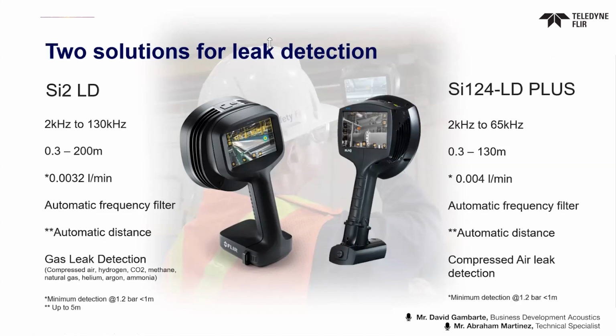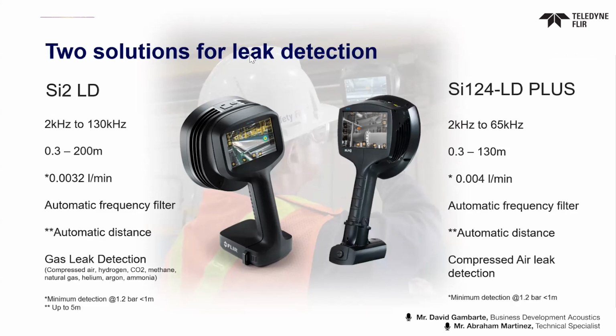As you can see here, the SI-2 has a broader frequency band, for frequency detection between 2 and 130 kilohertz, which is aimed at also covering mechanical fault detection, because we have a new feature in the new use of the camera.